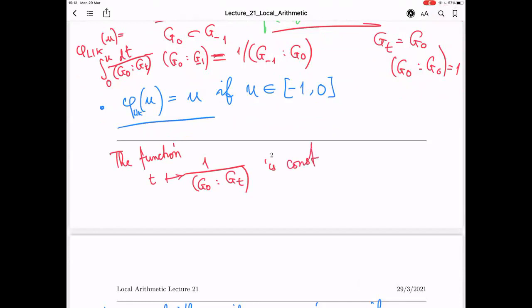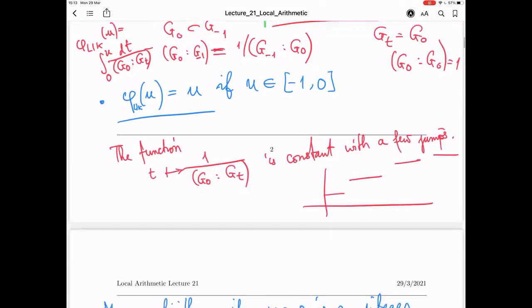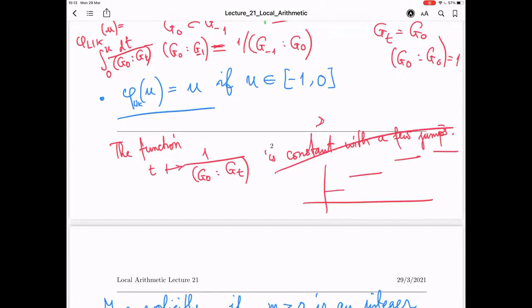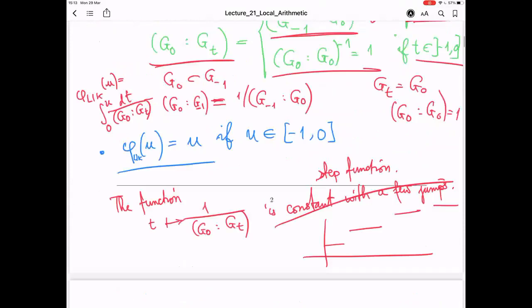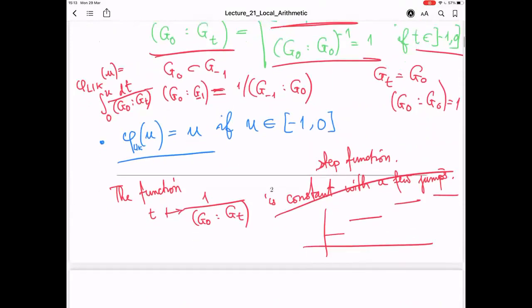It's basically constant with a few jumps. So if you were to draw the graph, it will look like some function like this, then like this. So it's a step function, perhaps. Yes, it's a step function. That looks like a correct picture.